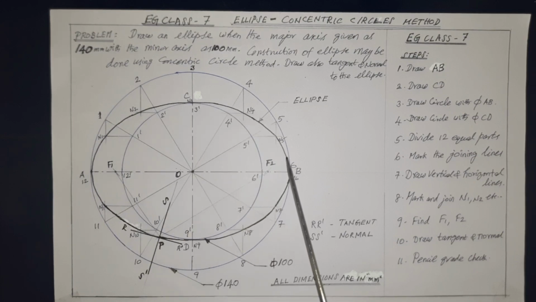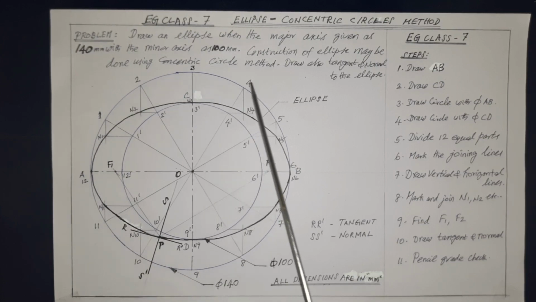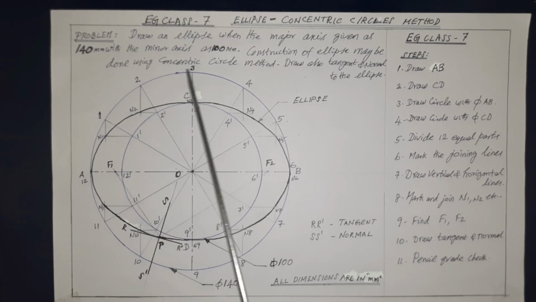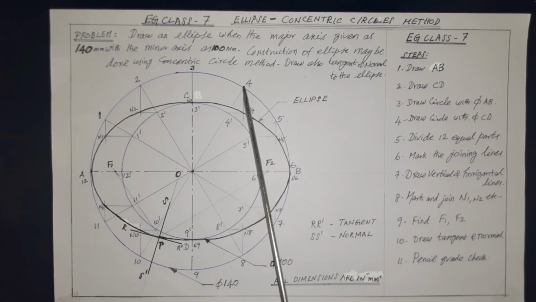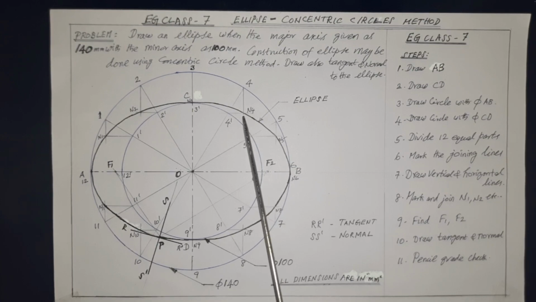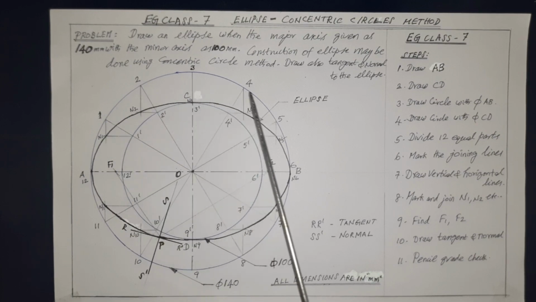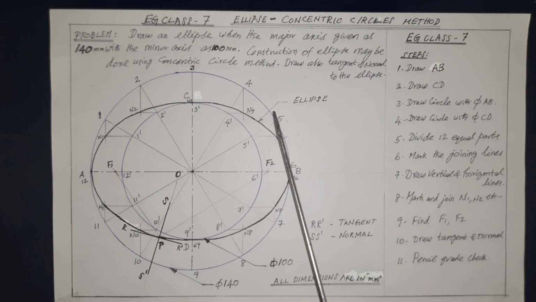For this, first draw vertical lines from the outer circle joining points towards the inner side of the circle. The vertical lines should be drawn from the joining points towards the inner side of the circle as shown at 1, 2, 3, etc. up to 12.